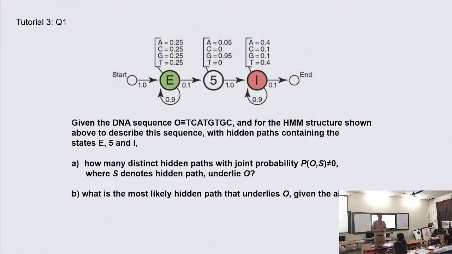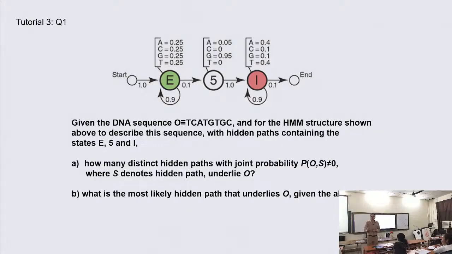Do you remember how to compute the joint probability of the observation sequence and hidden sequence? It is the probability of starting in S1, then emitting O1, then making a transition to S2, then emitting O2, then making a transition to S3, then emitting O3. That is the joint probability. You would compute it for each of these three hidden paths, and then select the path with the highest probability.